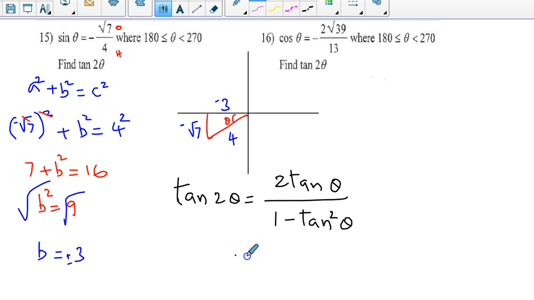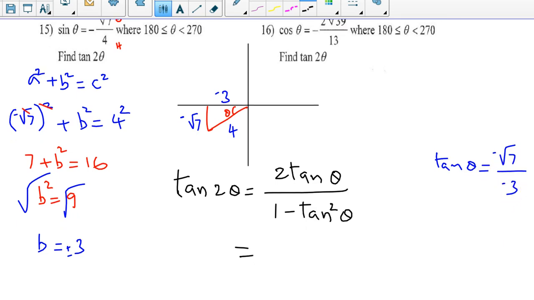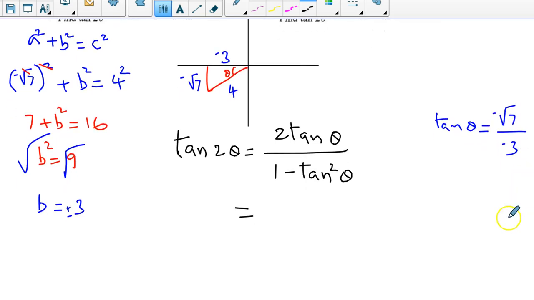Now let us substitute the values. Tangent, you know, is opposite over adjacent side. So tan theta in this case is opposite negative square root of 7, and adjacent is negative 3. Negatives cancel off, you are left with square root of 7 over 3.